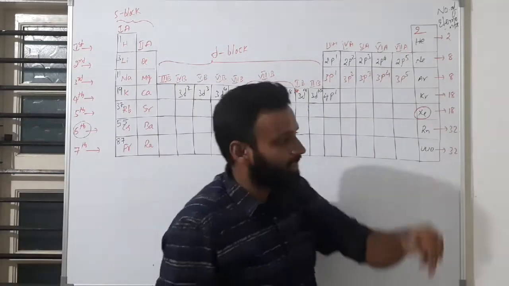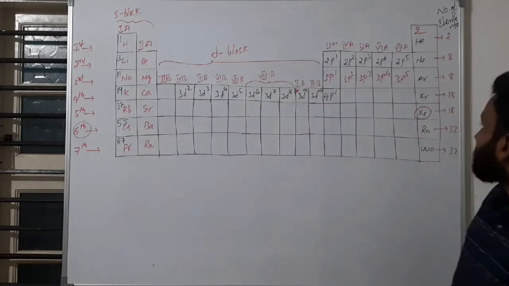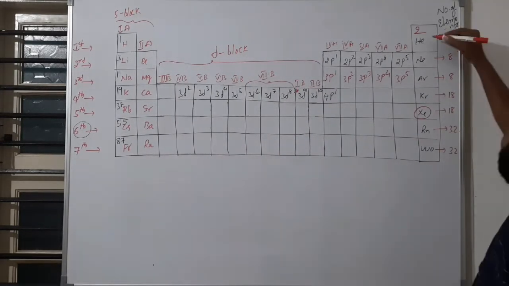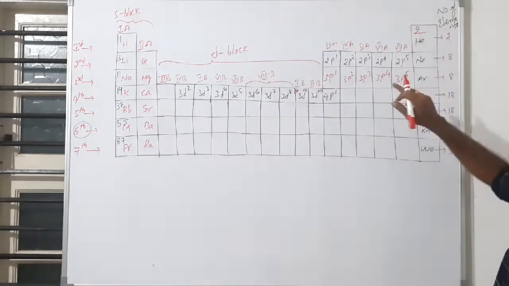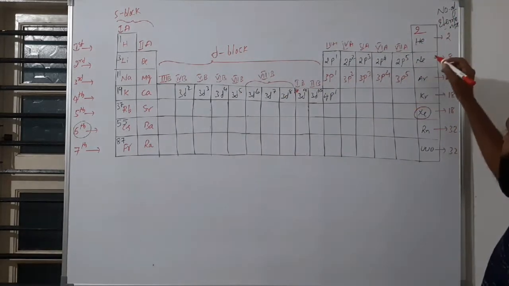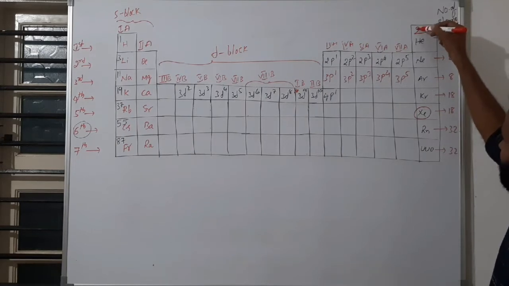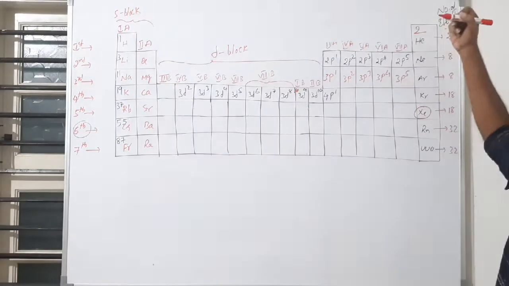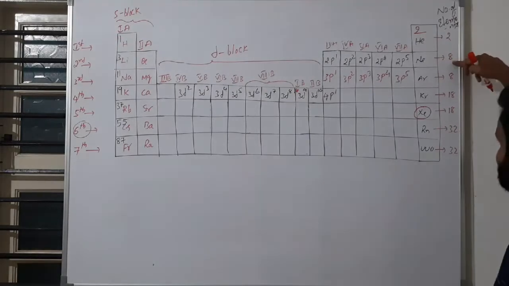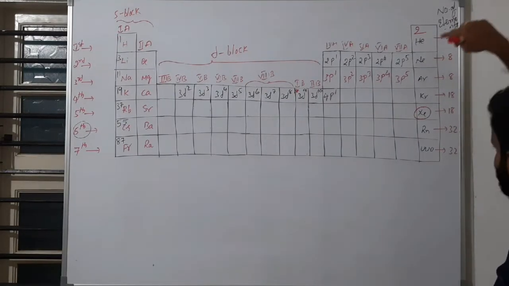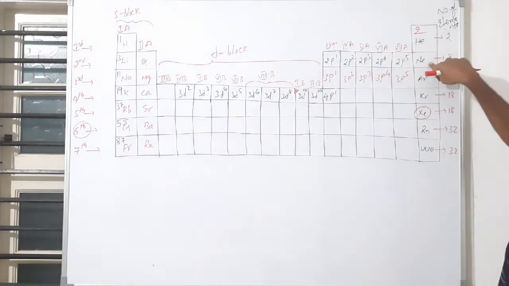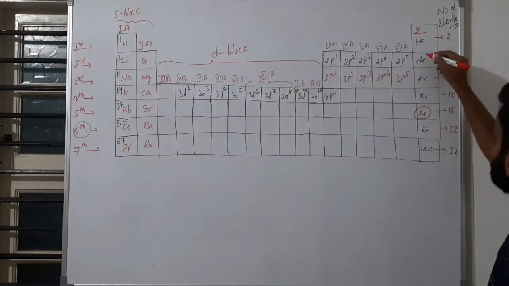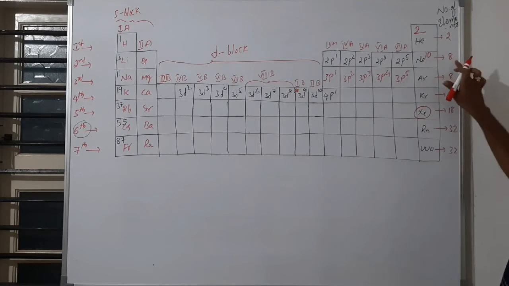Now in the same period I can consider it like this. In the first period, helium is 2, because hydrogen comes before. So neon's atomic number: considering helium's atomic number and the total number of elements in the same period, 2 plus 8 is 10.